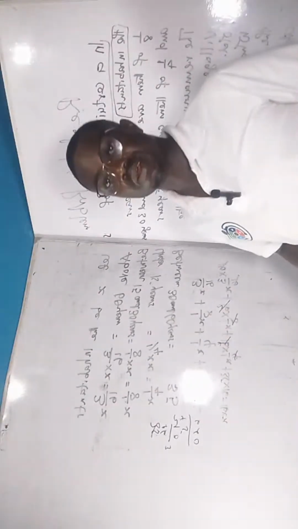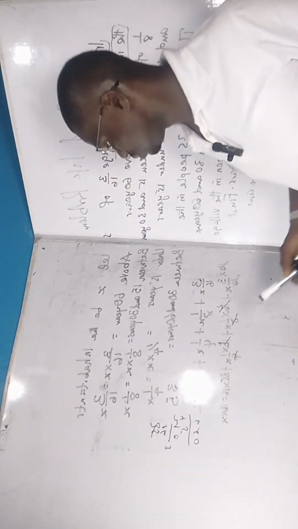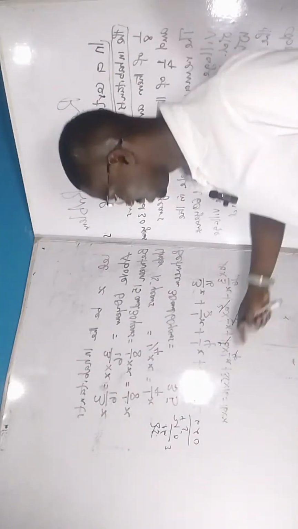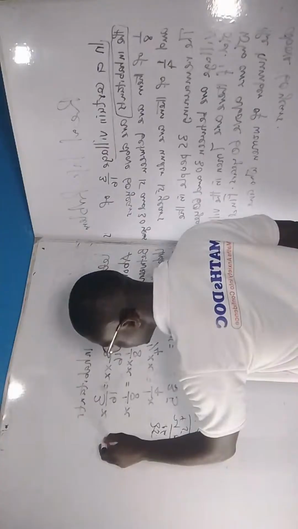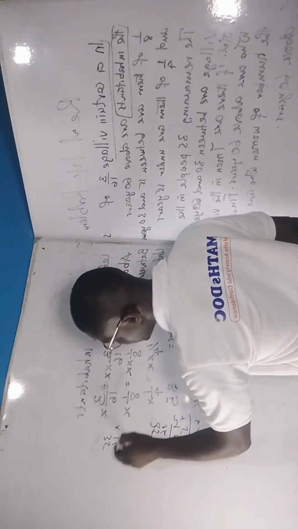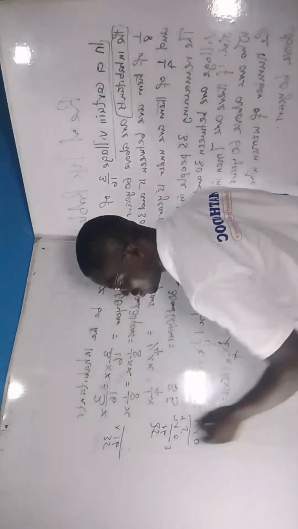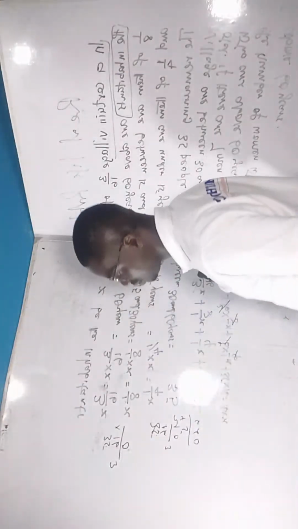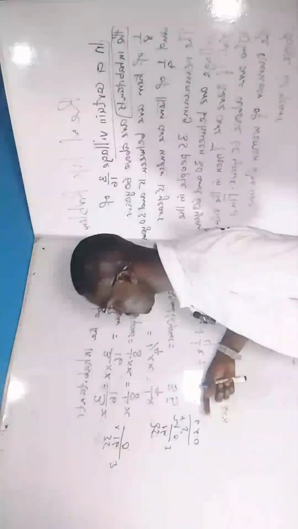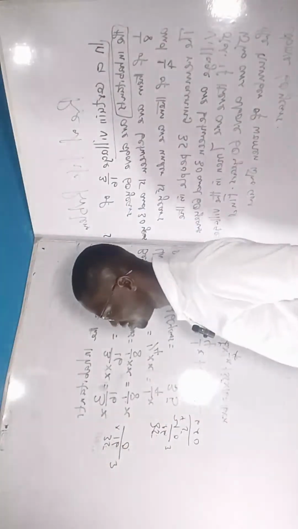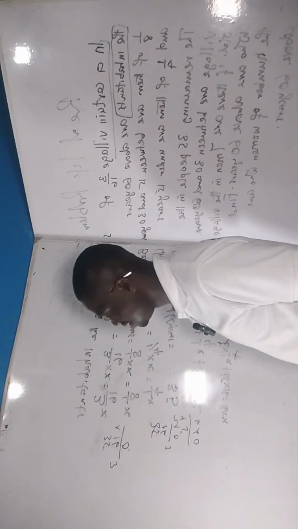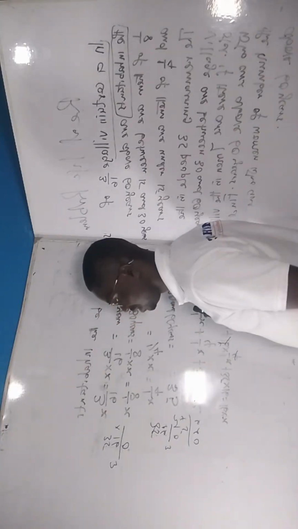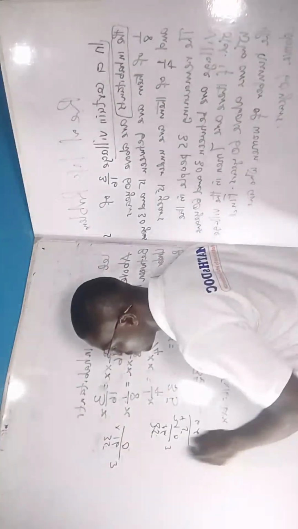So let's do the addition. Let's multiply 35 times 16. So you do the normal calculation: 6 times 5 is 30, so 0 remainder 3. 6 times 3 is 18, 18 plus 3 will give you 21.